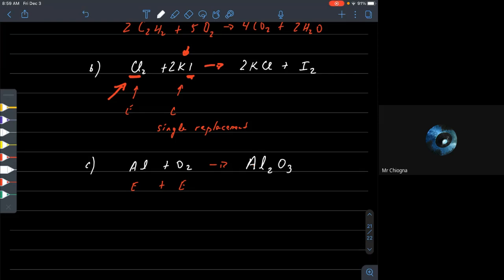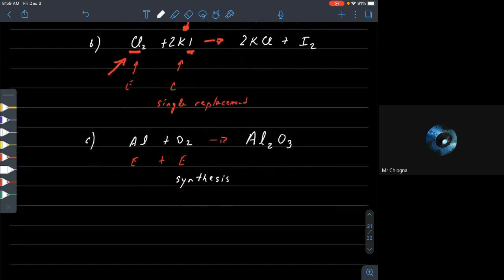Aluminum oxide. I got that by crisscrossing in my head. You should be able to do that by now. Okay, so this is synthesis. It's not balanced as it is, but we can do it. There's a 3 here. There's a 2.